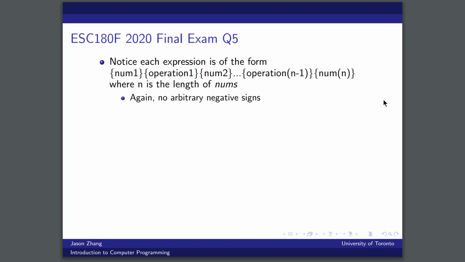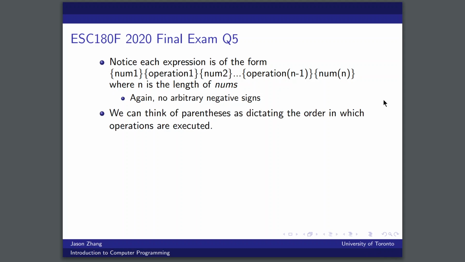Again, we don't give arbitrary negative signs, and we can think of parentheses as dictating the order in which operations are executed, which means what we can do is we can start how we did in Q4 by generating a string or a list, essentially. I mean, a string is just a list of characters. But what we can do is we can generate a list where each element is either a number or an operation.